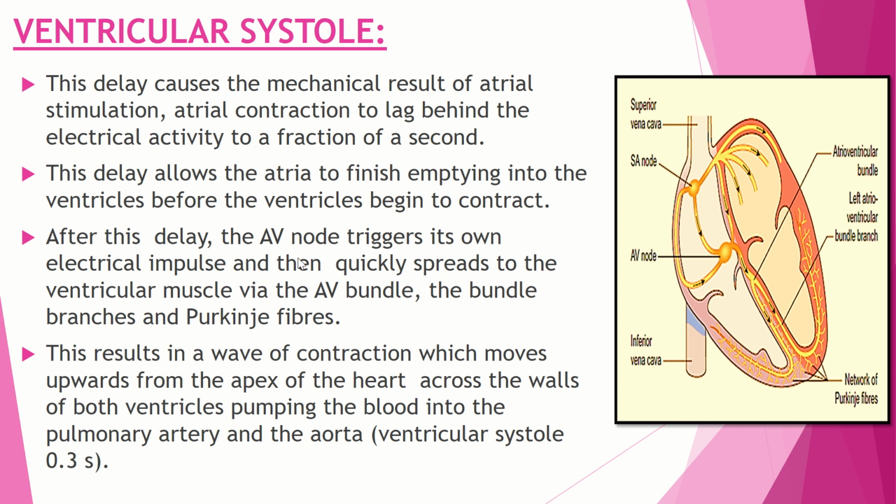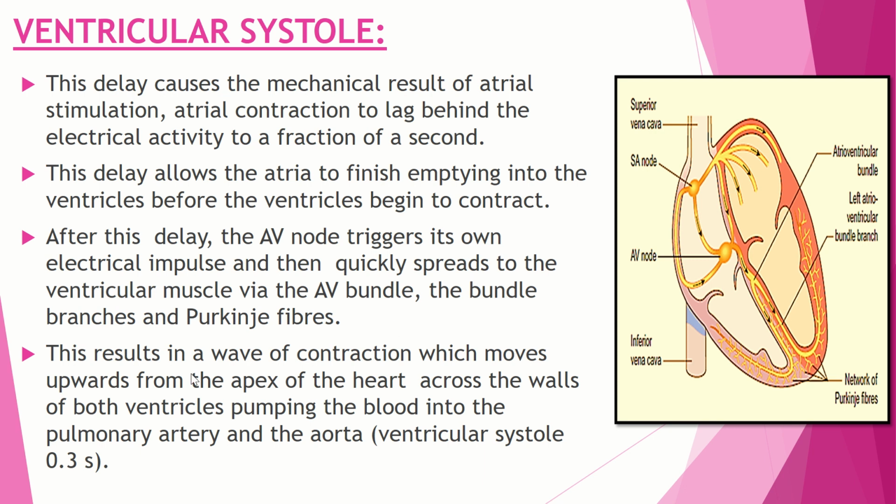After this delay, the AV node triggers its own electrical impulse, which quickly spreads through the ventricular muscles via the AV bundle, the bundle branches and Purkinje fibers. So that's why the ventricles are contracted.